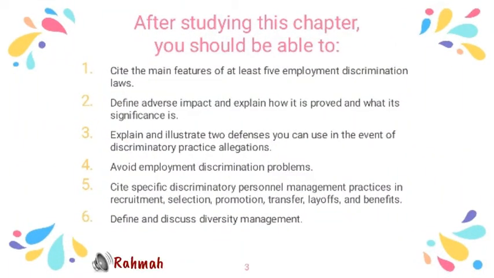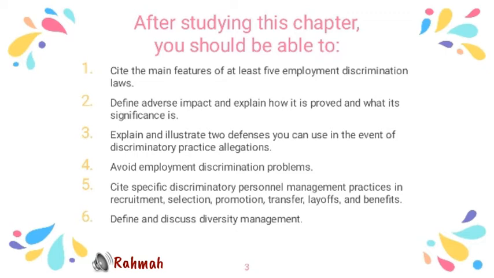Okay guys, after studying this chapter of this lesson, you should be able to: one, describe the main features of at least 5 employment discrimination laws. Second, define adverse impact and explain how to prevent it and what its significance is.